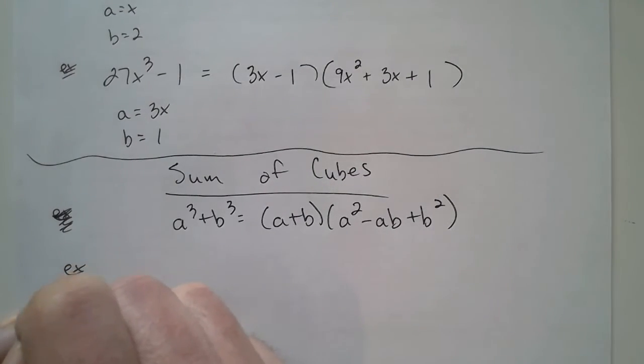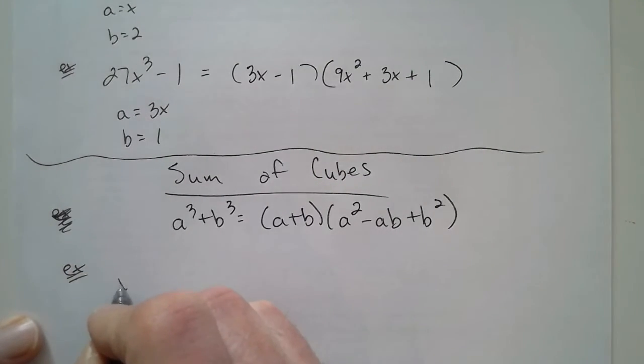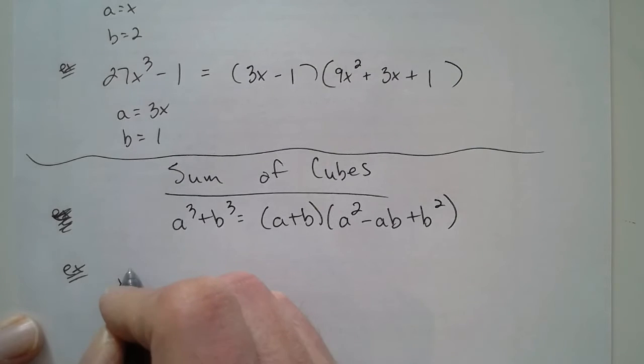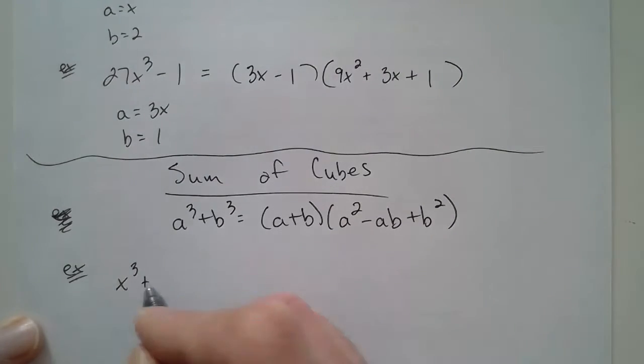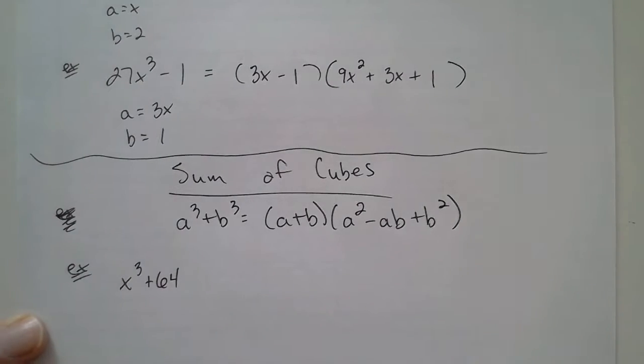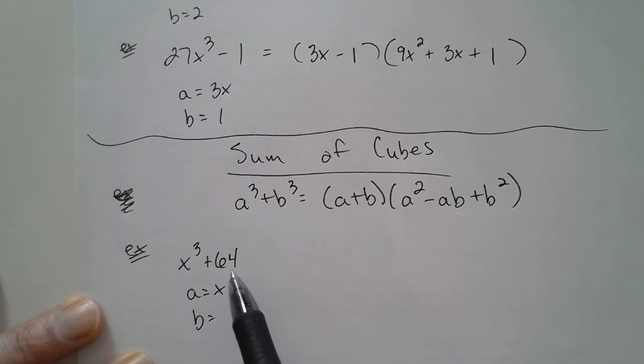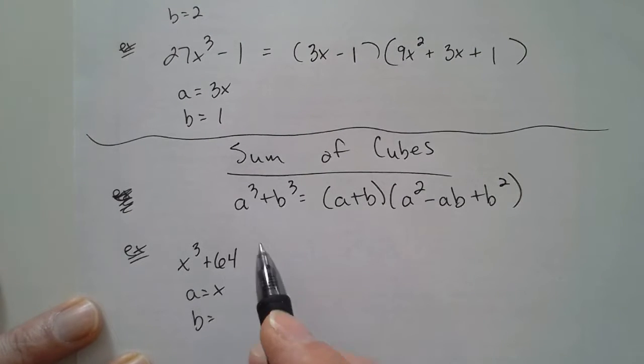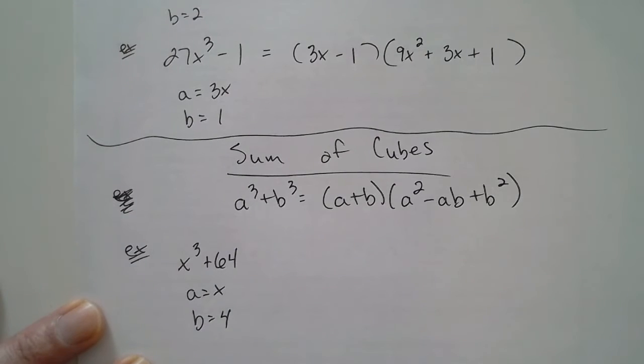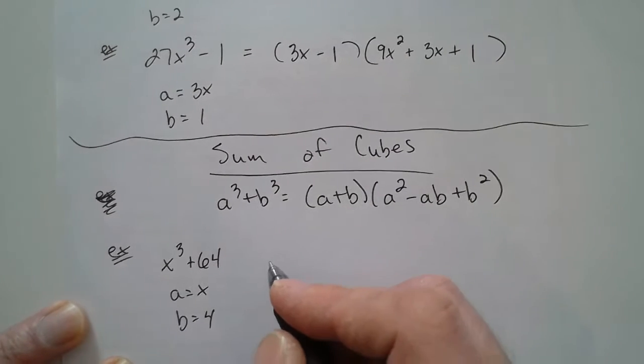So example, if I have x cubed plus 64, recognize what your a and your b are. So a is x, and b, well, the cube root of 64, 4 times 4 times 4 is 64, so b is 4. Then we just plug them in.